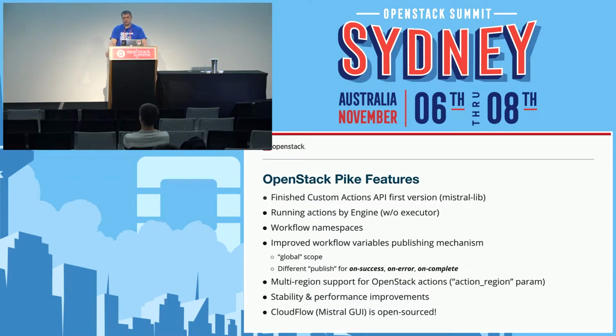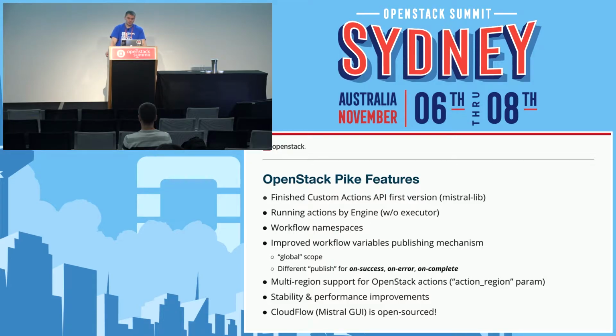So we finally decided some time ago to make it clearer and more structured, and we decided to create a separate tiny library that users can just add as a dependency, where we could have all the base classes and all the facilities to develop new custom actions.